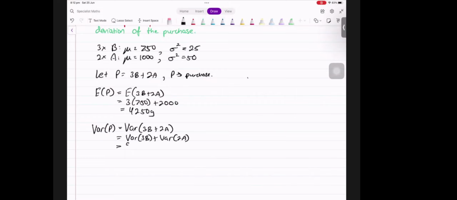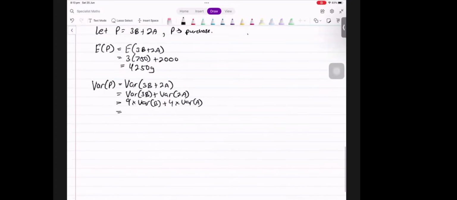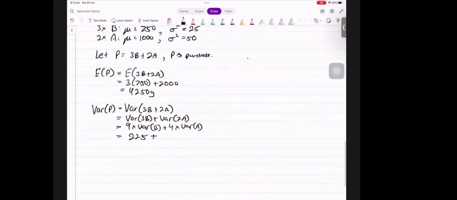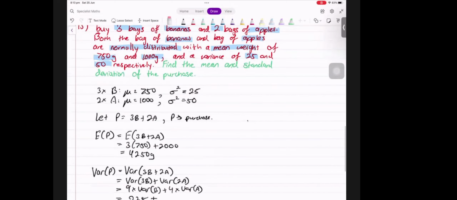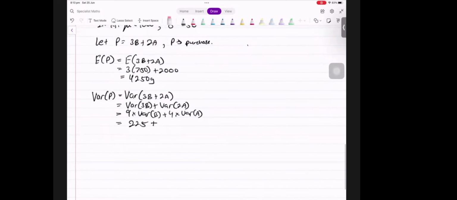This is the same as 9 times the variance of B plus 4 times the variance of A, because 3 squared is 9. The variance of B is 25, so 9 times 25 is 225. Plus, the variance of A is 50, so 50 times 4 is 200. So your overall variance is 425.